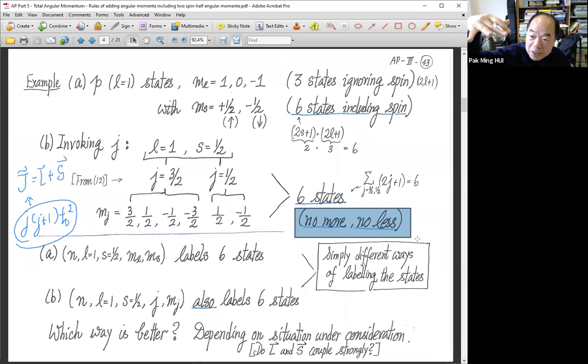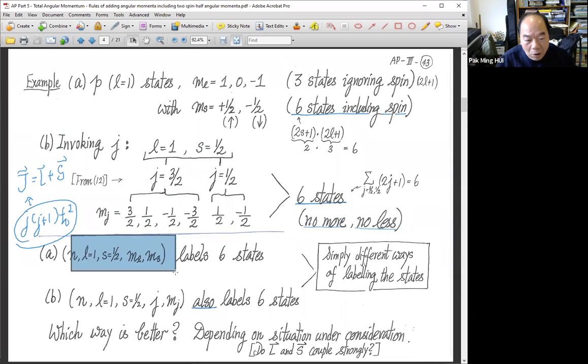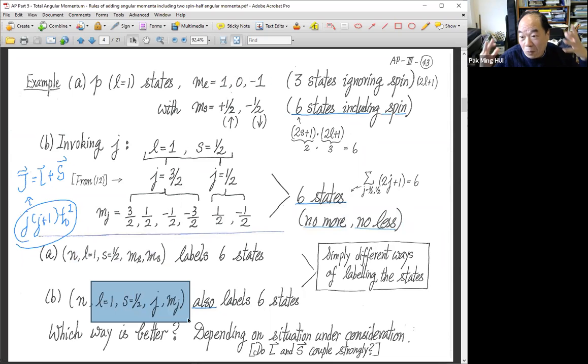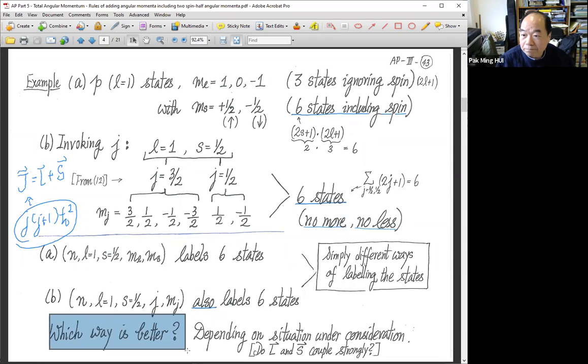You have this P state to describe. I can label it the first way, or I can label it the other way. No more, no less, just different labeling. Then the question naturally is, which labeling is better?